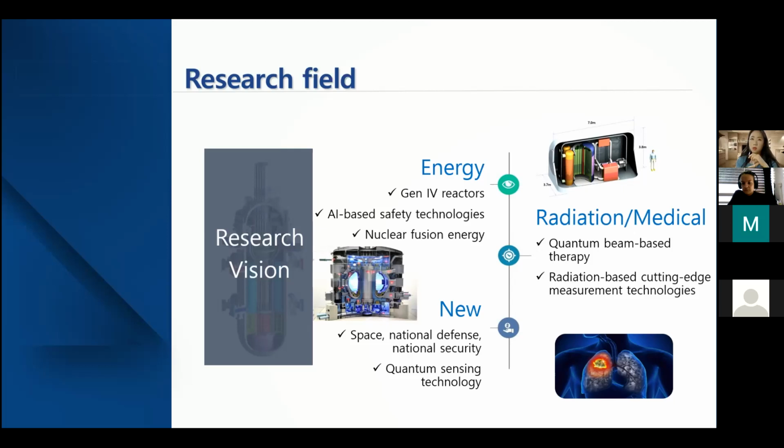And some new fresh areas of research include space, national defense, and national security fields that are combined with nuclear and quantum engineering. And we have quantum sensing technology as well that we are trying to develop. So these are some ideas for the future.